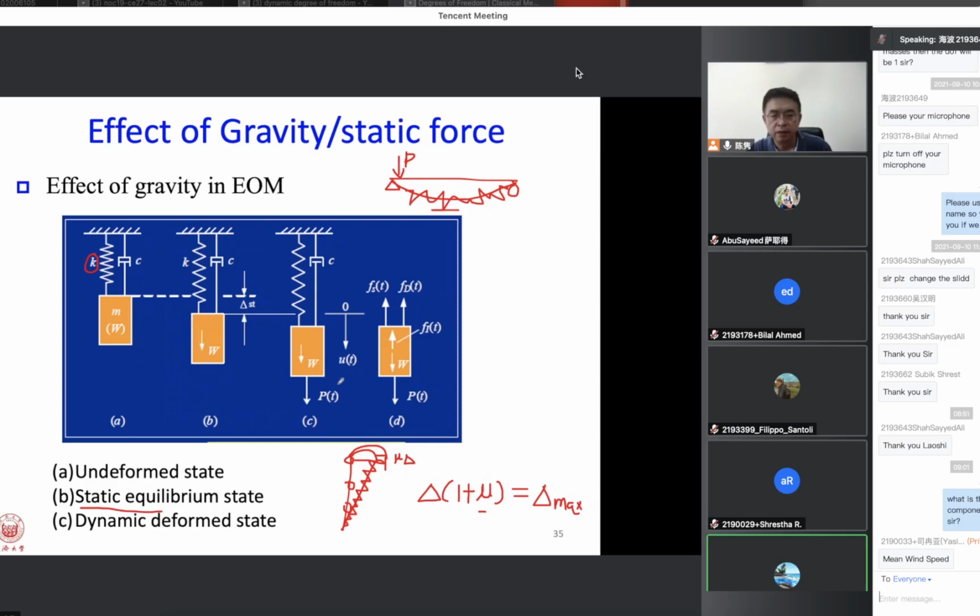Both of them are having displacement. Can we still use the static equilibrium state to define this vibration? You mean like this? You have a beam here, you have a spring here, and you have a K here. Right? It's like this.